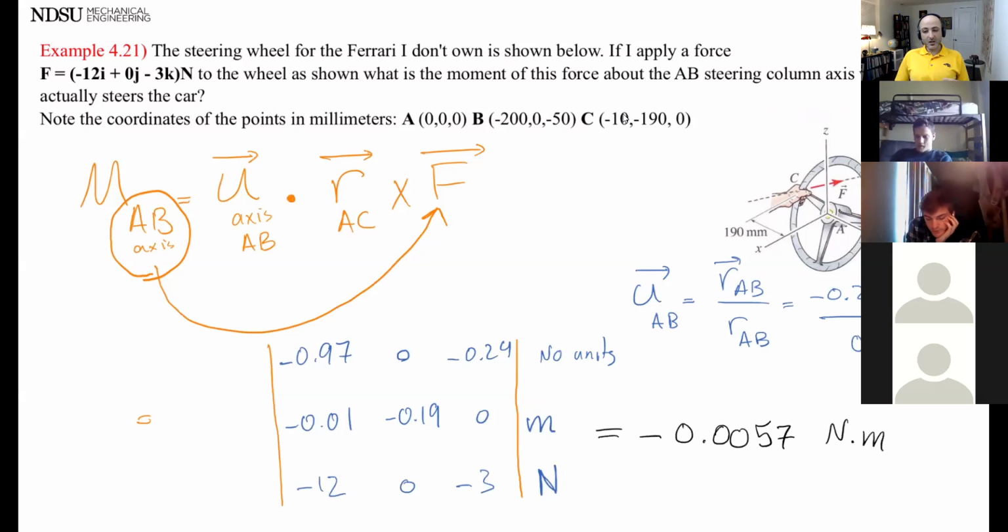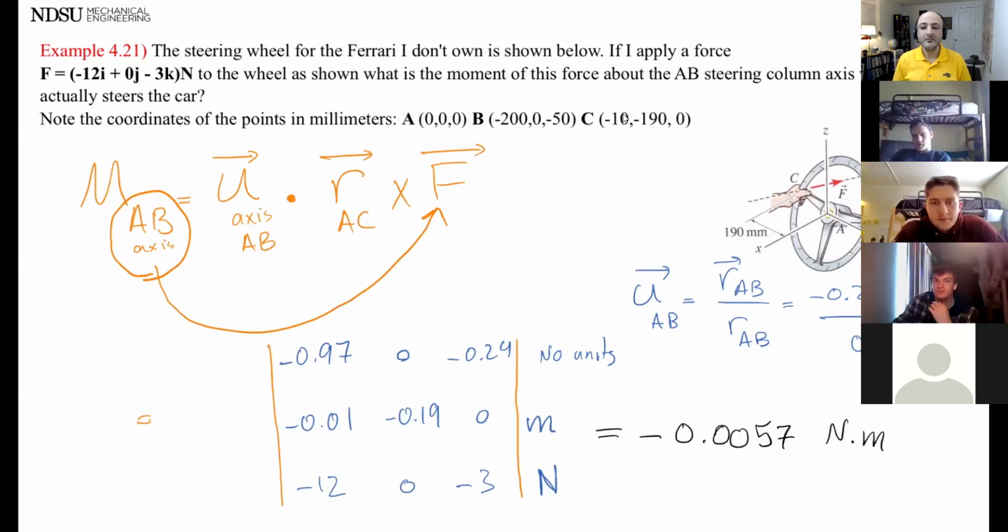So now let's go back and look at the figure. These are real numbers, so it's not made up. It's like, oh, maybe we should have put a different force. No, this is an actual force, and this is a real situation. Why is it so little? How does that make sense? Because if you're steering a car that has power steering, it doesn't take much force to turn the wheel.